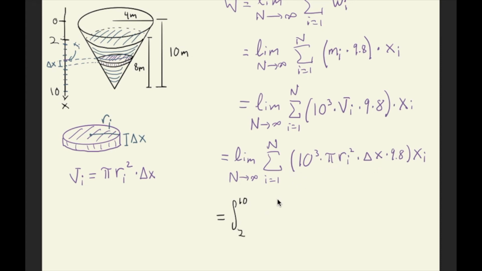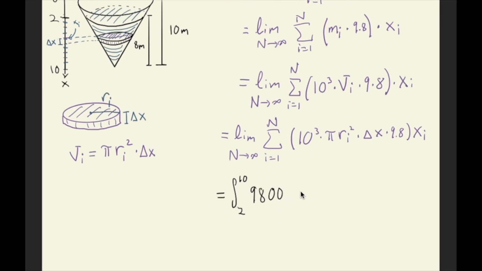And then here you're going to get 9.8 times 1,000, pi r of x squared times x, that's the xi, and the ri turns into r of x, dx.